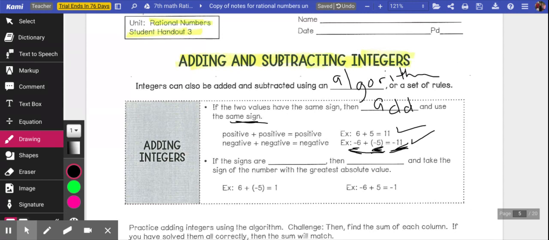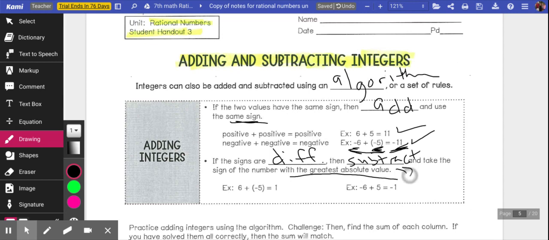Okay, if the signs are different, I'm just going to write diff, then you actually subtract and take the sign of the number with the greatest absolute value. Or you can say you just take the sign of the bigger number.